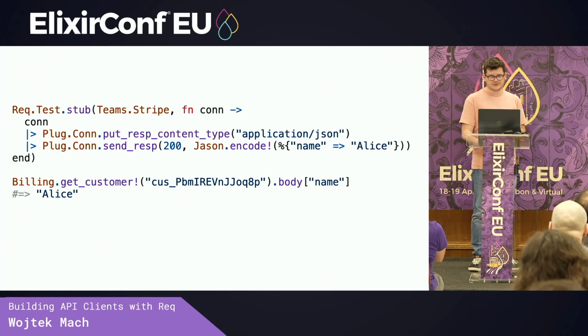This uses the same foundation that Mox uses, very similar to what Ecto Sandbox does. It's an ownership mechanism. Basically, the test process, the process that you run tests in, owns some particular resource.